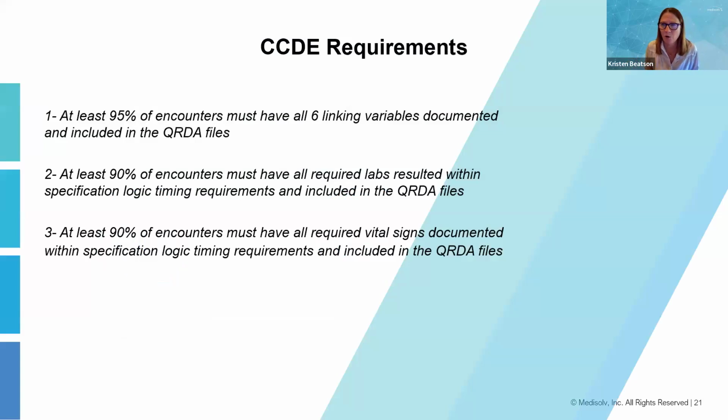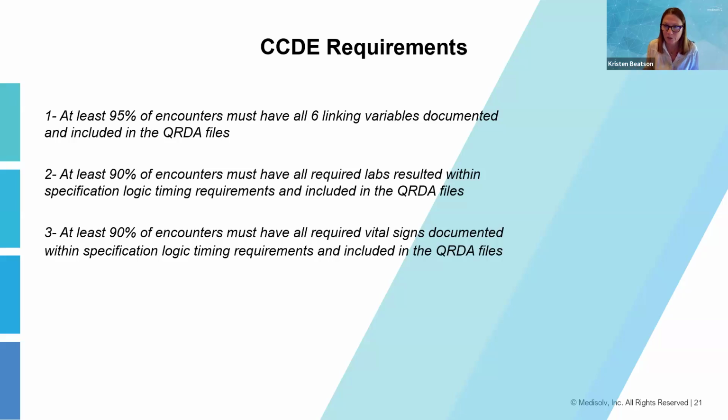Again, I expect us to learn even more once the next set of hospital-specific reports are published by CMS. So it's a bit of a learning curve for all of us. But from what we understand and what CMS is basing the met, not met on for each of these categories, at least 95% of your encounters must have all 6 linking variables documented and included in the QRDA files.